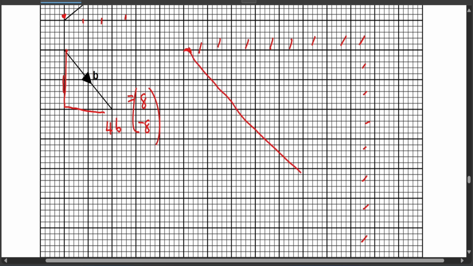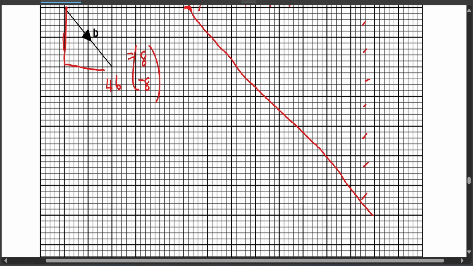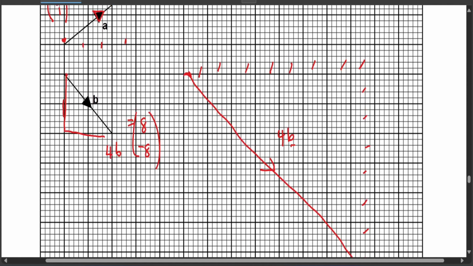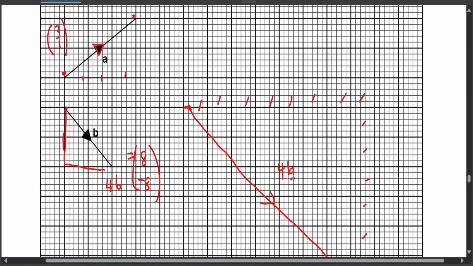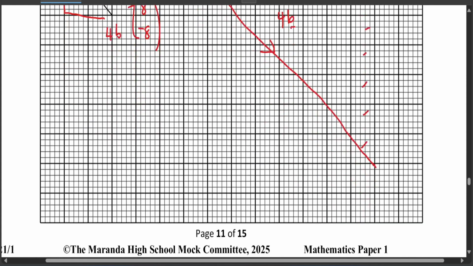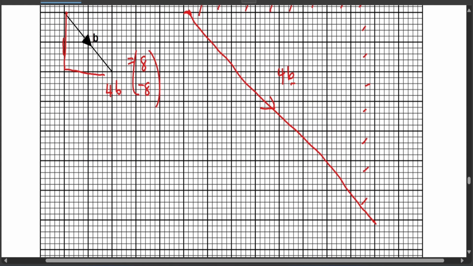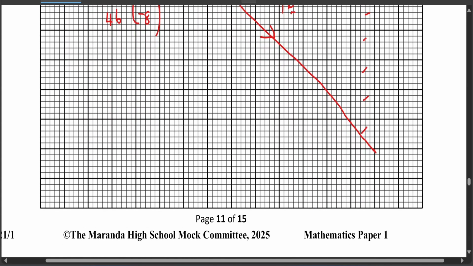So make sure you use a ruler. This is just a sketch. I don't have a ruler, that is why. So that is our 4b. And then we have negative A. Negative A, we had drawn, and we said A is 3 on your right, then 1 up. So it will be like this.